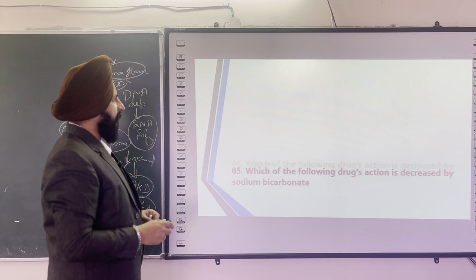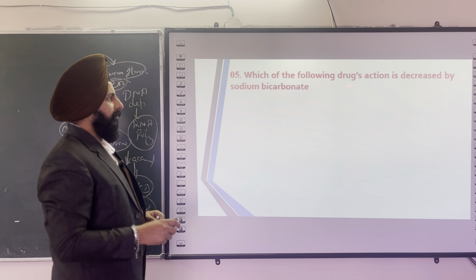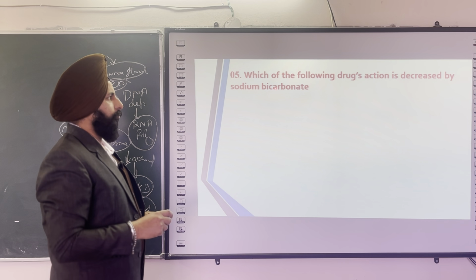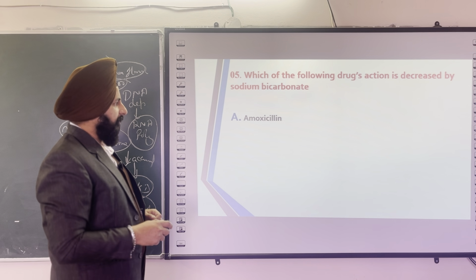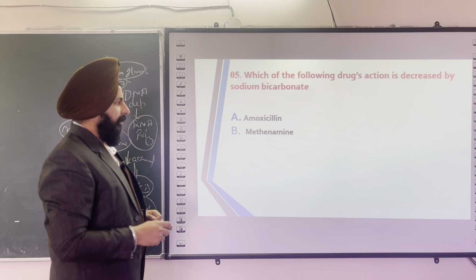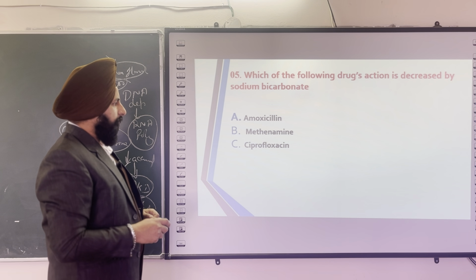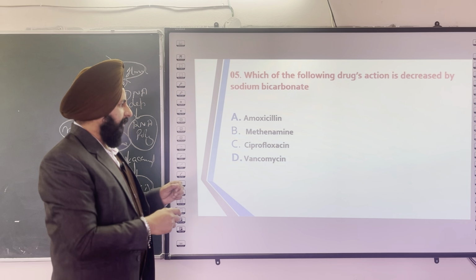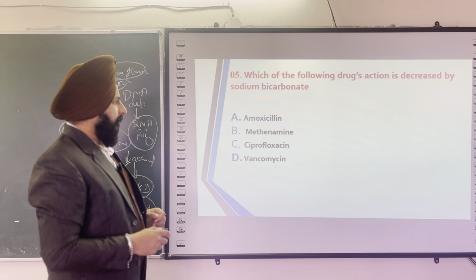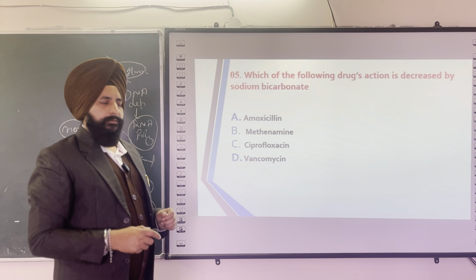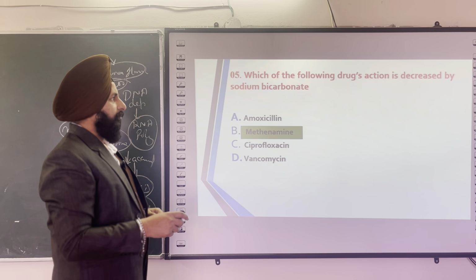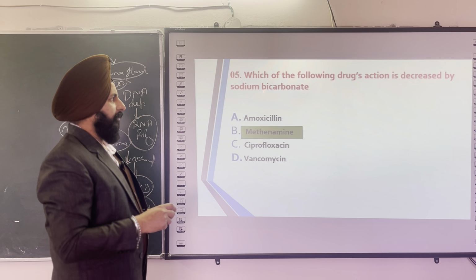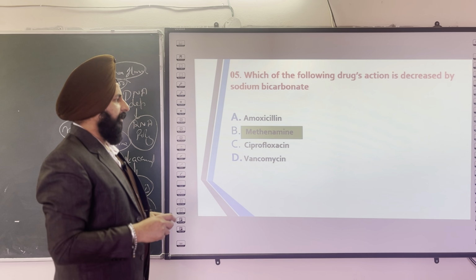The next question is: which of the following drug actions is decreased by sodium bicarbonate? The options are amoxicillin, methenamine, ciprofloxacin, vancomycin. You choose the correct answer. The right answer is methenamine; its action is decreased by sodium bicarbonate.